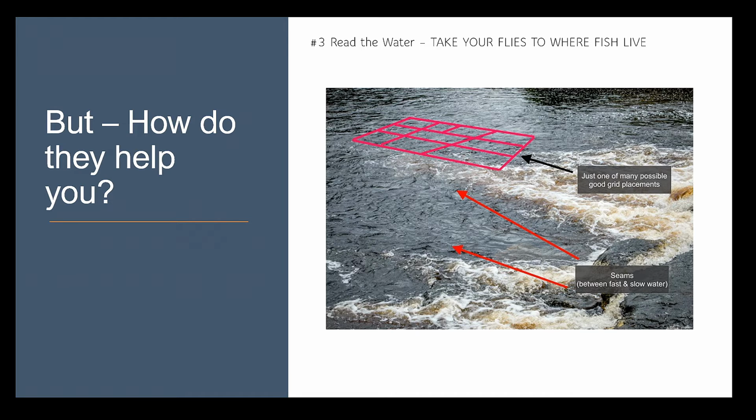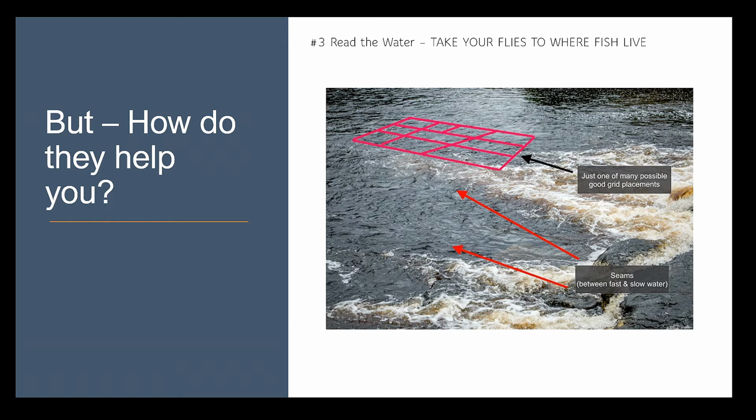But ideally, if you're out for pleasure fishing, or certainly if you're out to maximize the number of fish you're catching, maybe in a competition, you need to have a good clue on where the high percentage areas to put those grids are, so that you're not taking too much time fishing your flies through unproductive water.